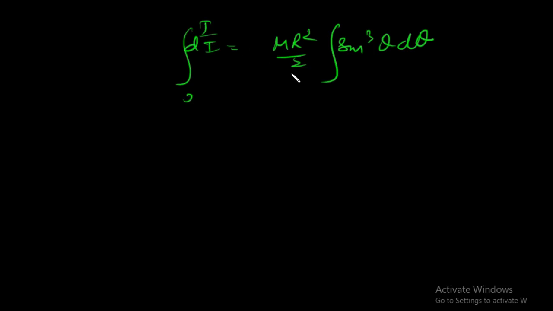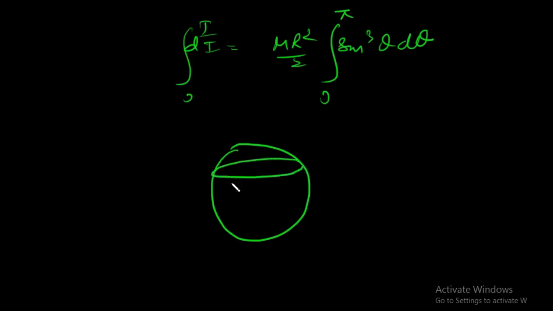This will go from 0 to pi. This will not go from 0 to 2 pi, because the ring only extends to a 180-degree angle. You see, this is the ring, and this is the angle theta.